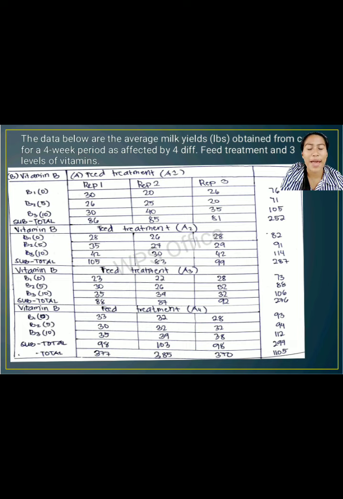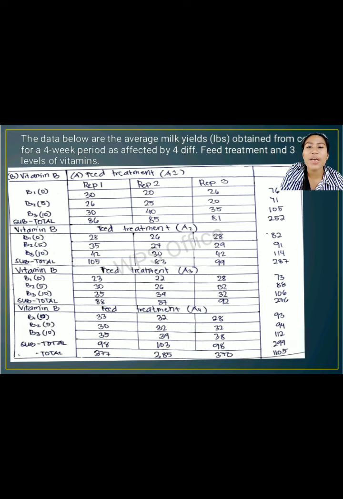Next feed treatment, A sub 3. Vitamin B sub 1 treatment is 23 plus 22 plus 28 equals 73. Then, B sub 2 treatment: 30 plus 26 plus 32 equals 88.